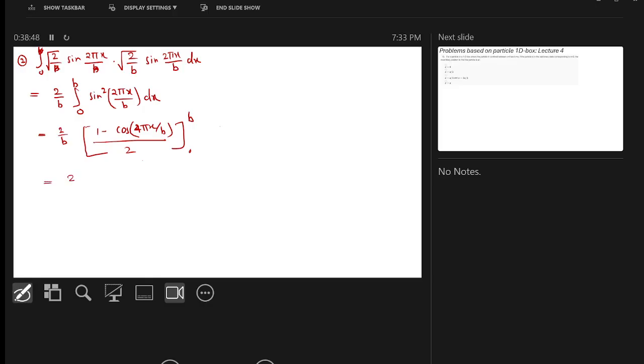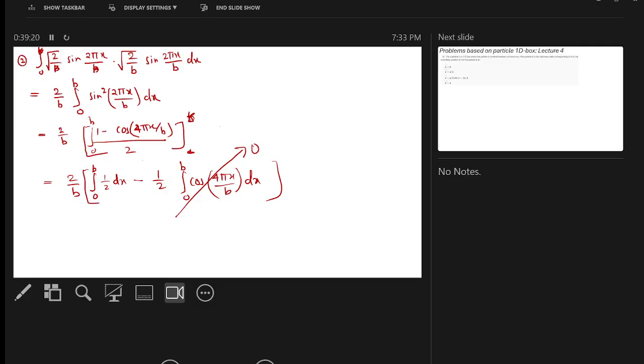Okay, like 2 by b, so the integration shifts here to b, so we can write 0 to b 1 by 2 dx minus 1 by 2, 0 to b cos 4 pi x by b dx. The second term will go to 0 as I discussed in the previous slide. So we have this term only, so you will have 2 by b divided by b by 2. You got 1. Okay.